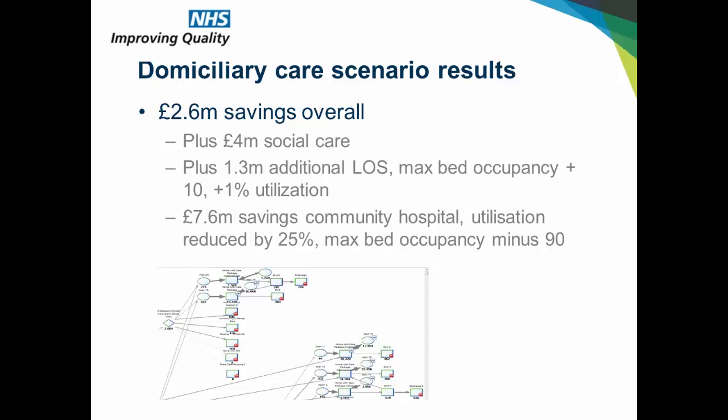And for the community hospital, what that would mean is that the utilisation of beds would be reduced by 25%, and their maximum bed occupancy would be minus 90. So that's quite significant, and actually that would equate to an entire community hospital. So they had the opportunity of decommissioning, if you like, a total community hospital.